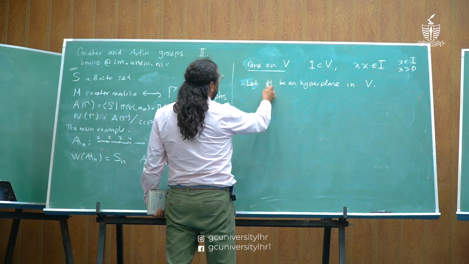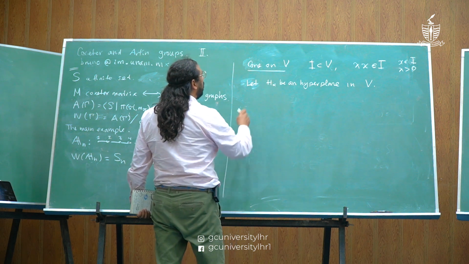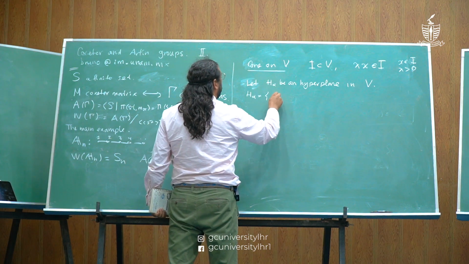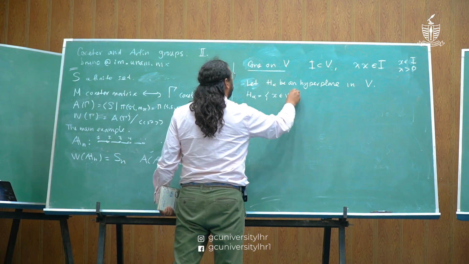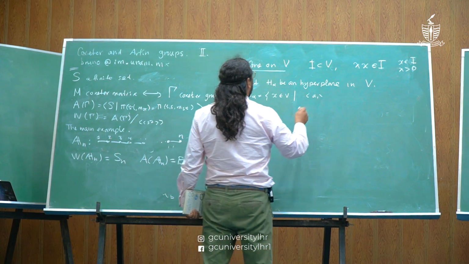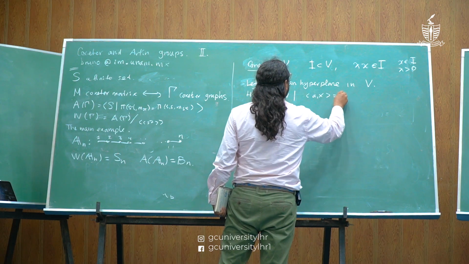So I will put alpha, H alpha will be the x in B such that alpha of x equals 0.